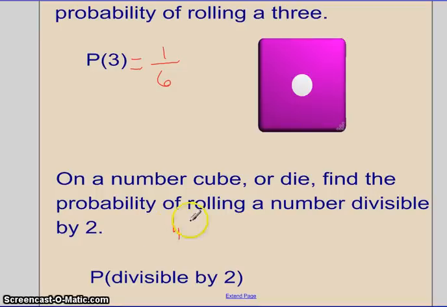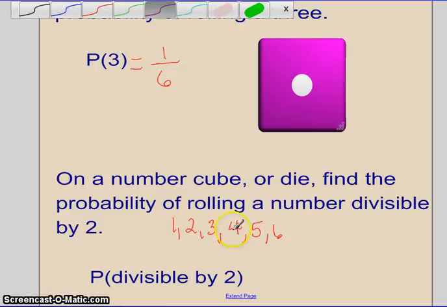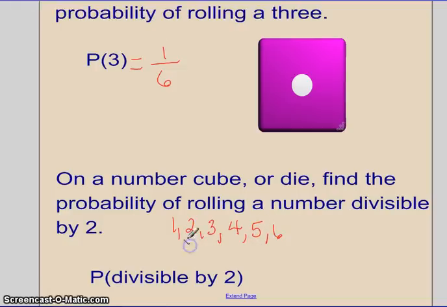We have a 1, a 2, a 3, a 4, a 5, and a 6. Out of these, we want all the numbers that are divisible by 2. So that would include 2 itself, 4, and 6, all our even numbers. So that gives us 3 possibilities out of 6 that would be divisible by 2. So that would be a probability of 1/2.